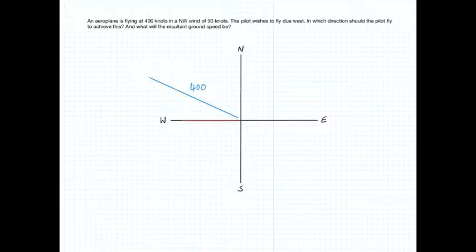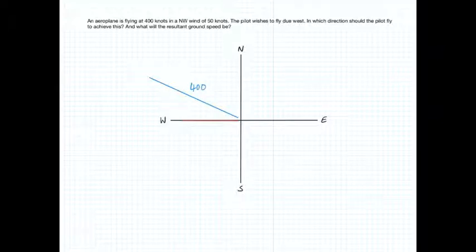The wind speed is 50 knots and it's a northwesterly wind. So when you're referring to wind speeds, a northwesterly means that it's coming from the direction of the northwest, and therefore it will be blowing the plane in the southeasterly direction.